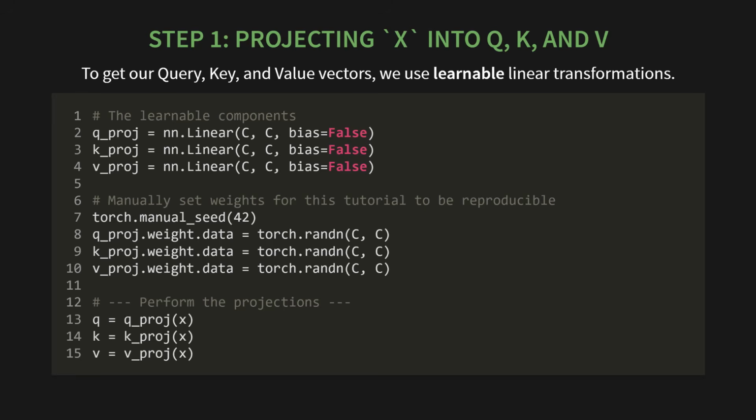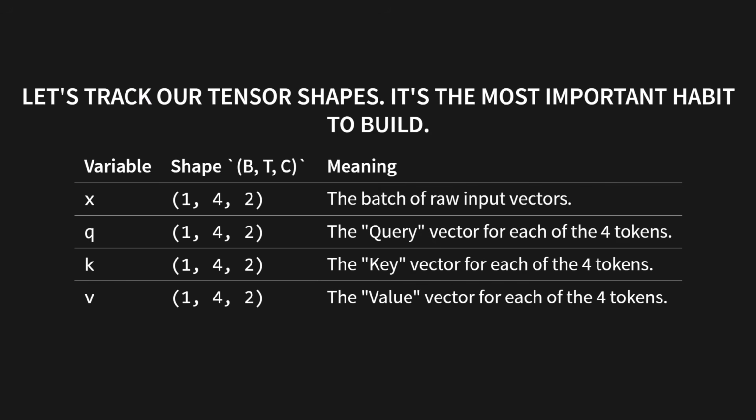And now, we perform the projections. q equals q_proj of x, k equals k_proj of x, and v equals v_proj of x. Simple as that. Let's track our tensor shapes. This is the most important habit to build.